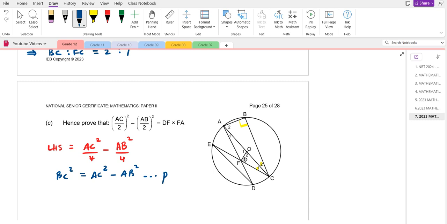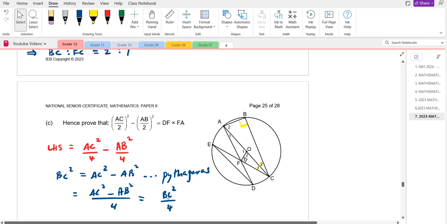That's from Pythagoras. So what we can do is write down AC squared minus AB squared over 4 is equal to BC squared over 4.